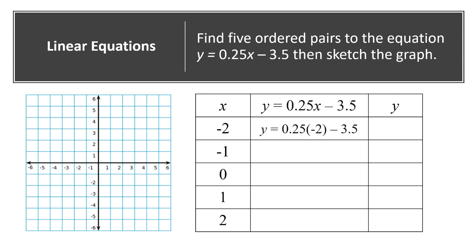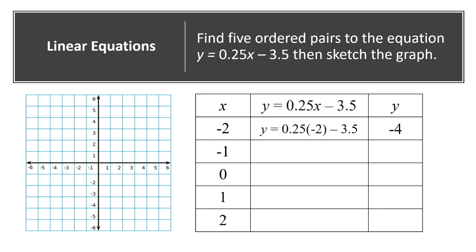Okay, for x equals -2, we have 0.25 times -2. If you plug these values into your calculator, you should get -4. 0.25 times -2 is -0.5, and -0.5 minus 3.5 is -4. And again, it's good to have a basic calculator out and let the calculator do the computations.